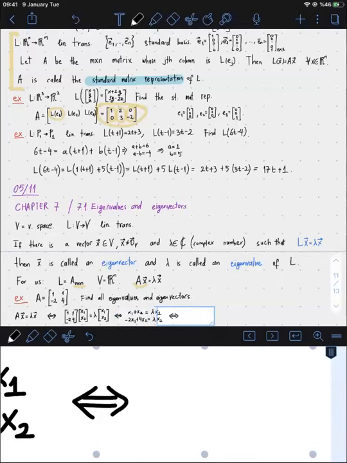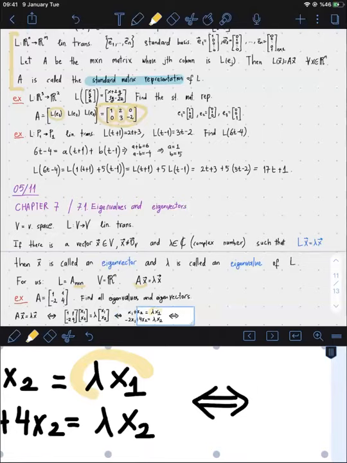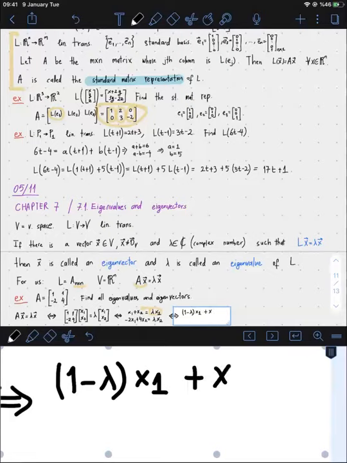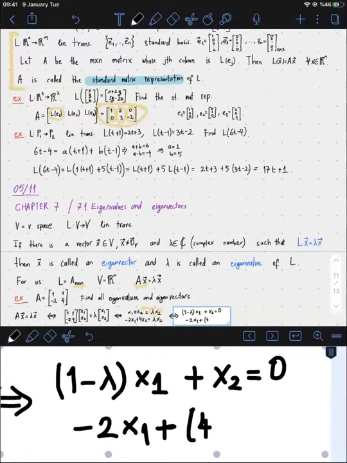Let's see how the solution works. Let's take these entries to the other side. What we get is 1 minus lambda times x1, plus x2 equals 0, and here we have minus 2x1 plus 4 minus lambda times x2 equals 0.